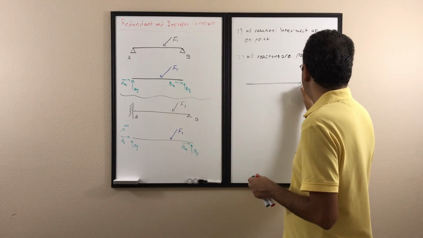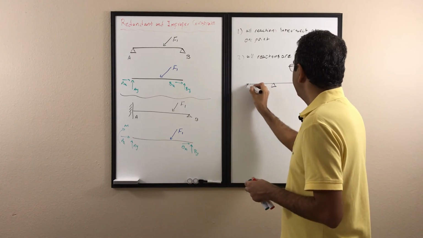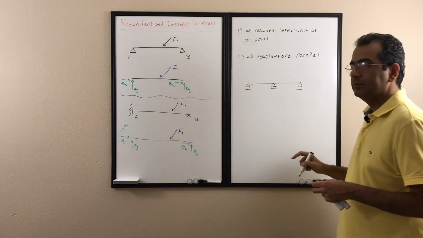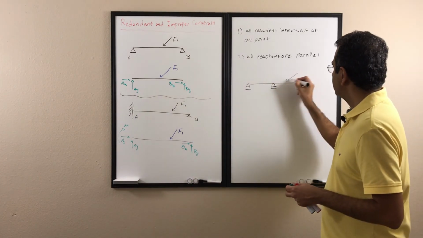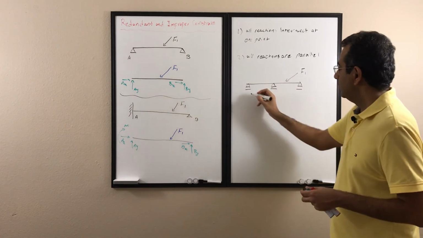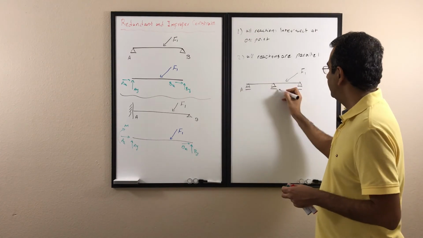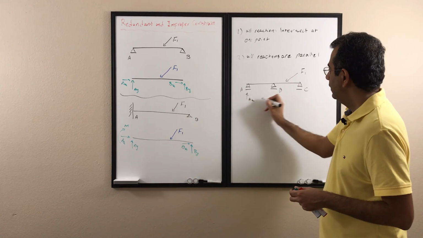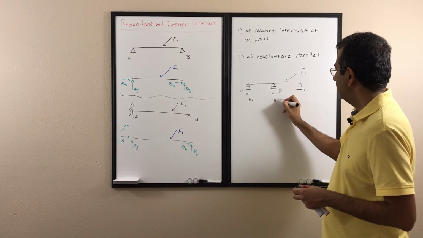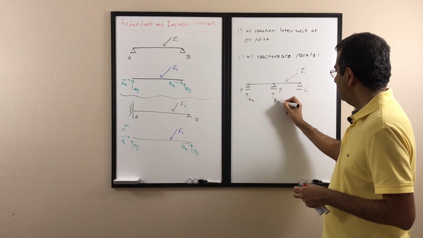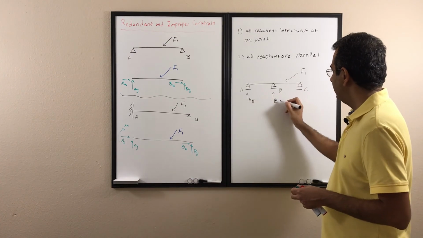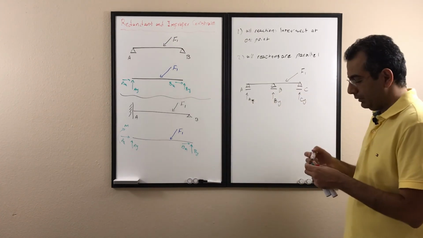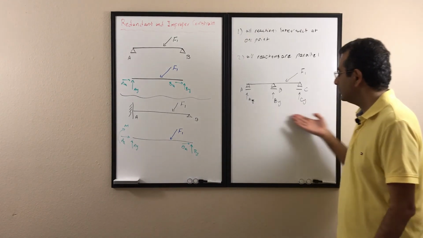For example, assume I have 3 rollers, and I put a force F1 on that. If I have point A, point B, and point C, I have AY, BY, and CY. So I have 3 reactions in the y direction, but I don't have any reaction in the x direction.